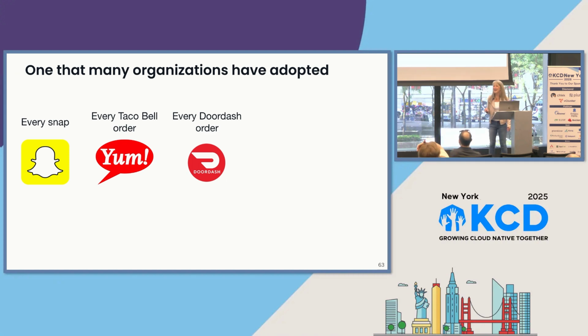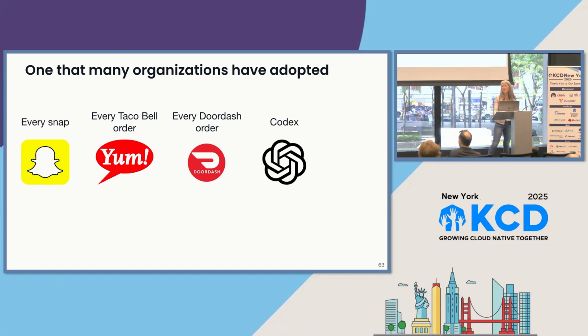Every DoorDash order goes through Temporal. Every Airbnb booking goes through Temporal. Netflix, who I consider the poster children of cloud native architectures, they were the ones who designed a lot of this stuff. They have the whole Netflix suite. They use Temporal in there to back Spinnaker.